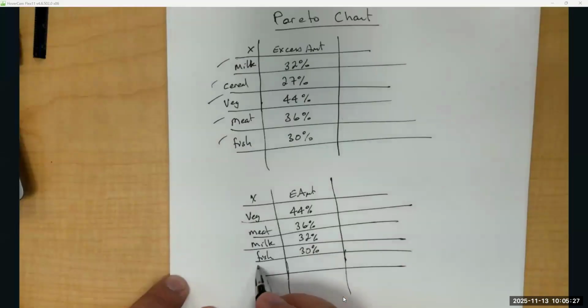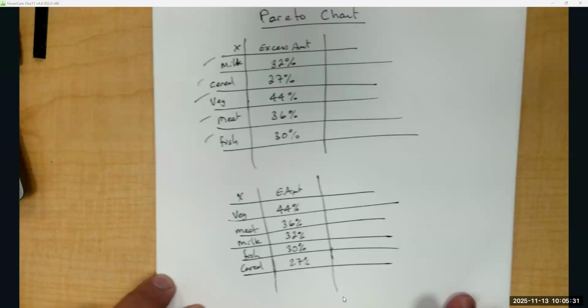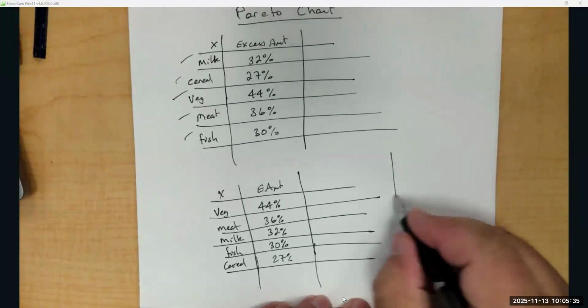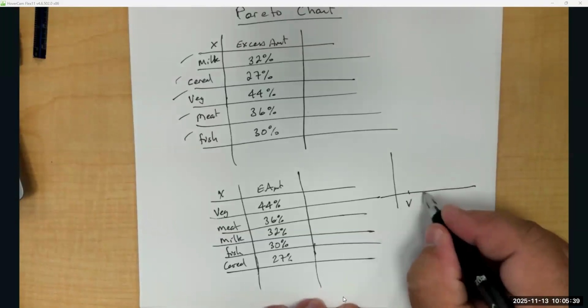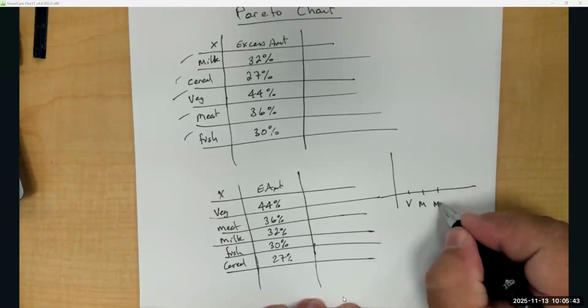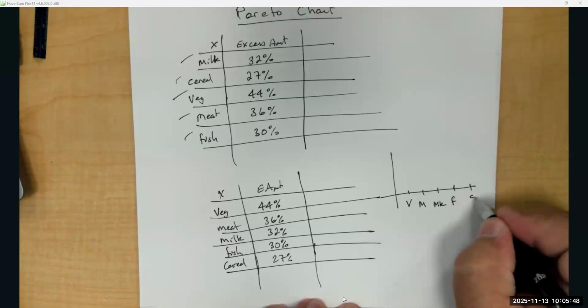And then cereal. And now you would graph it. Vegetables, meat, milk, fish, and cereal.